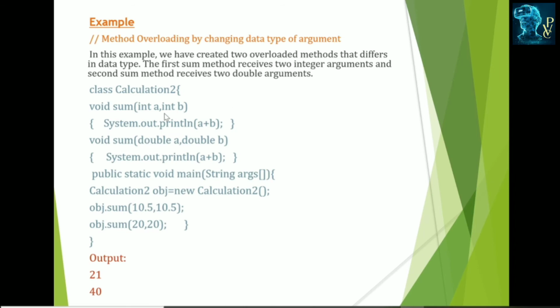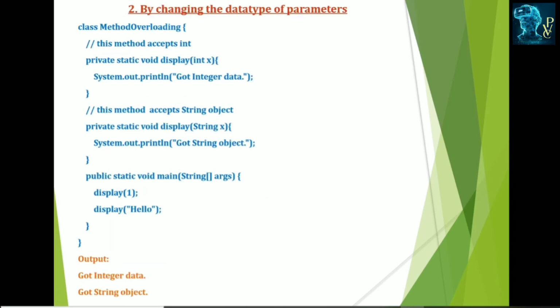Next, the difference in the data type of parameters. Method overloading: in my class, this is the display method, which takes an integer type. When we call this, it displays the got integer data. Another method accepts a string object. Here it is integer and here it is string.